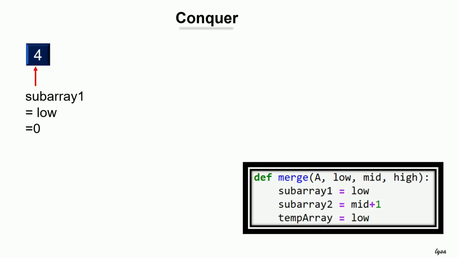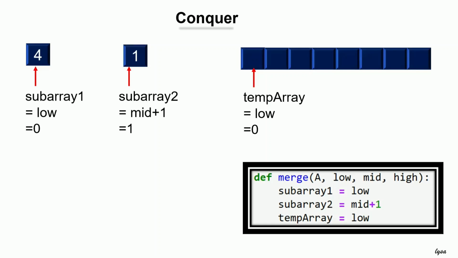Merge is also called the conquer phase. So subarray 1 stores the value of low, which is 0. Subarray 2 stores the first element in the right sublist, which is mid plus 1, which is 1. And in merge sort, we have a temporary array.